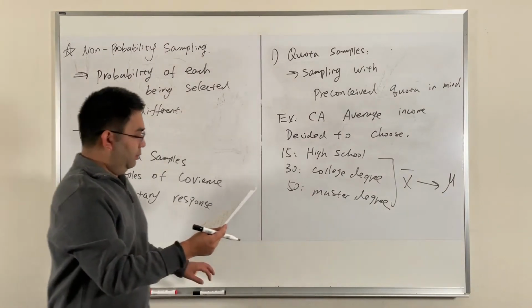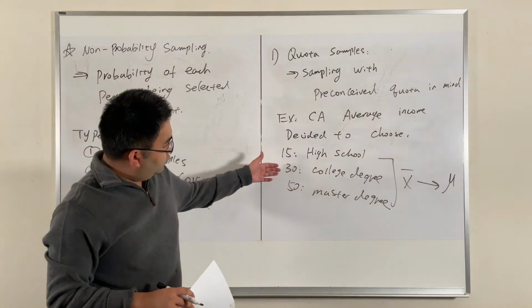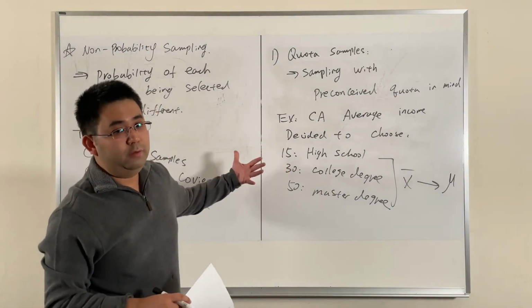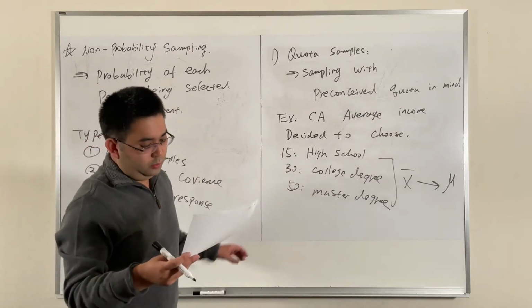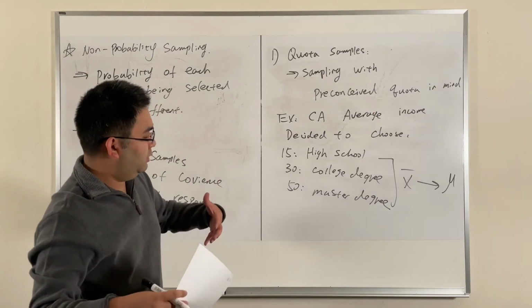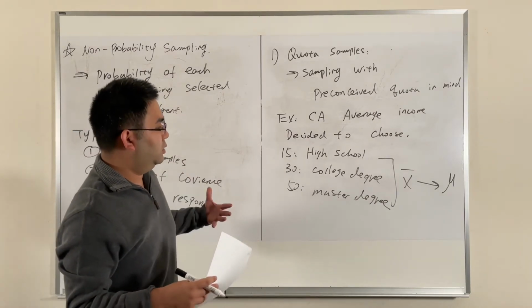But what's the problem here? The problem here is the numbers in each group are decided by this researcher. In real life, it's different, right? In real life, the proportions of high school graduates, college graduates, and master's graduates are different.